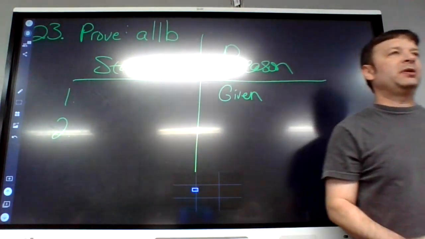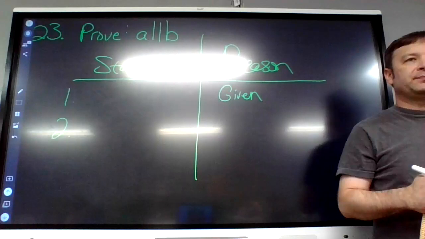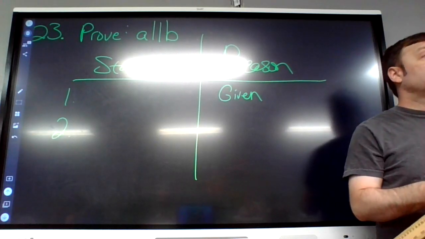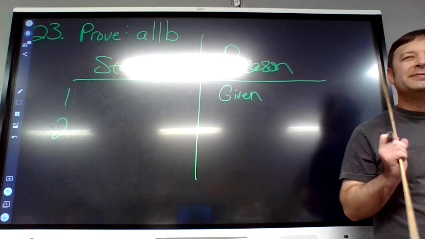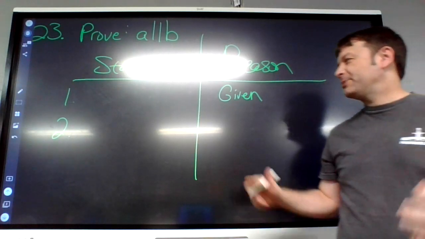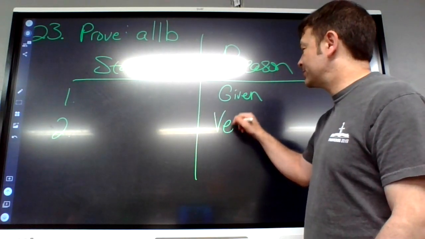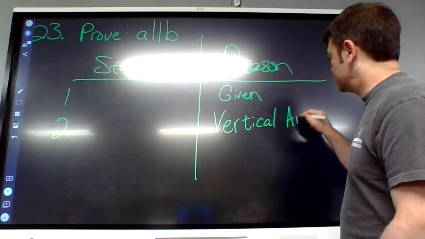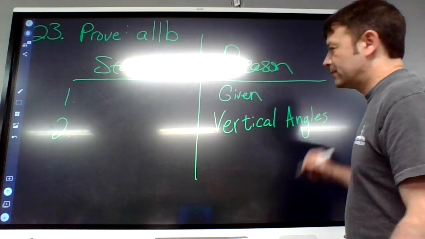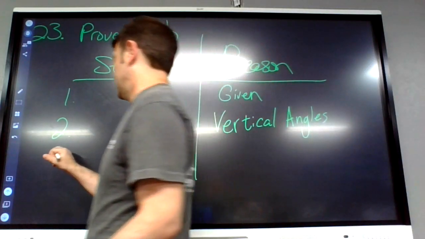In the picture, how do we know 7 and 4 are the same? Vertical angles, not a trick question. They're vertical angles. You could put vertical angle theorem, but vertical angles is enough.